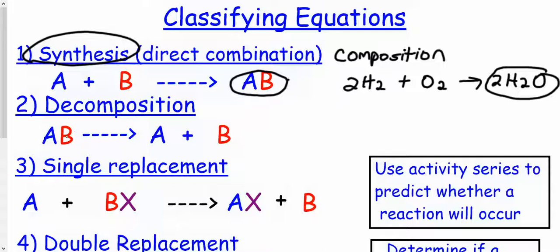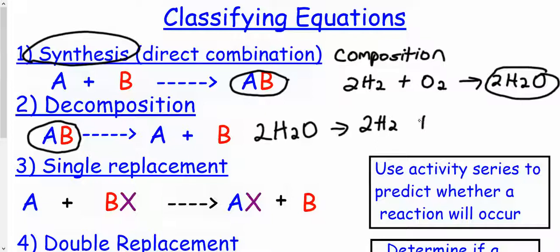In a decomposition reaction, you'll only have one reactant, and then it splits up into parts on the right. So you could rewrite this equation backwards: the decomposition of water into hydrogen and oxygen gas. That's an example of a decomposition. Only one reactant.